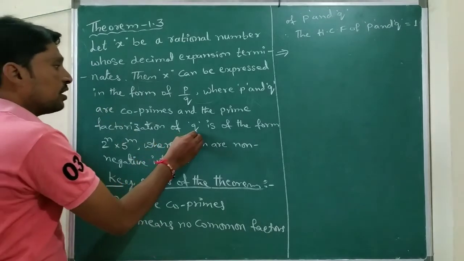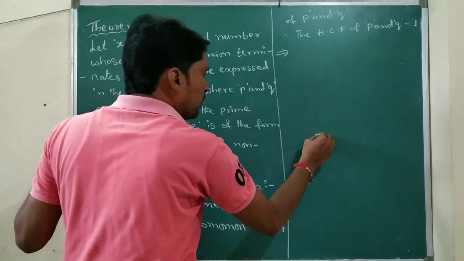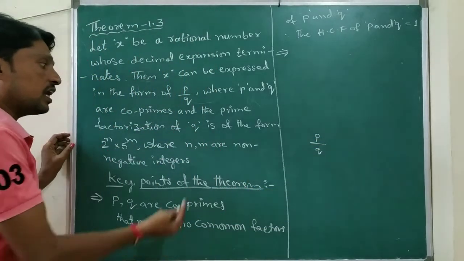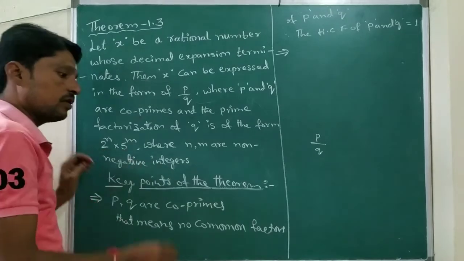Next, the denominator. The rational number is in the form p by q, so q is the denominator. The denominator is of the form 2 power n into 5 power m.